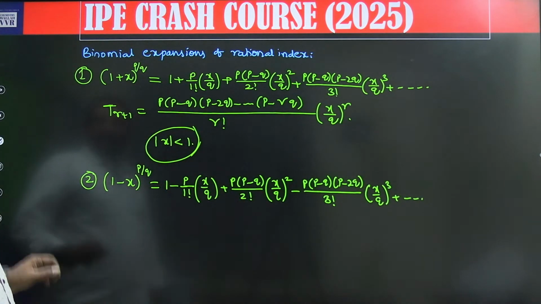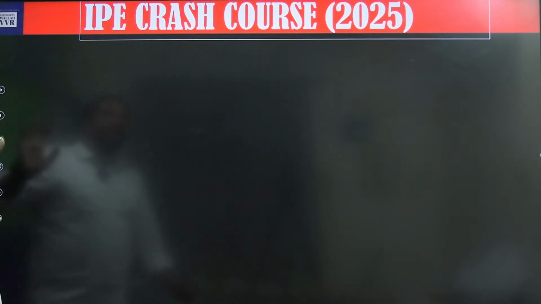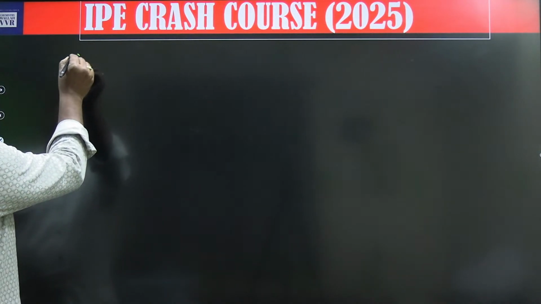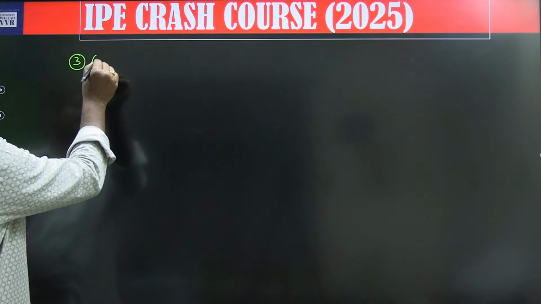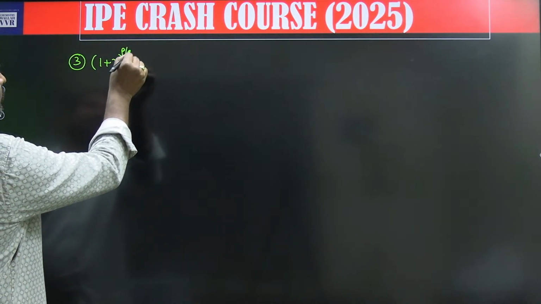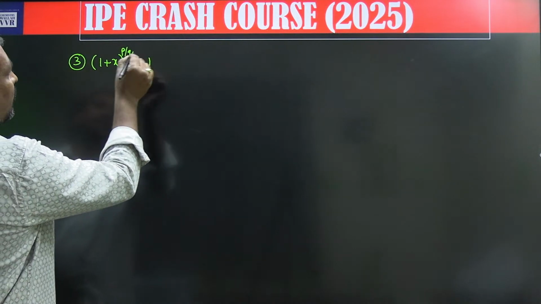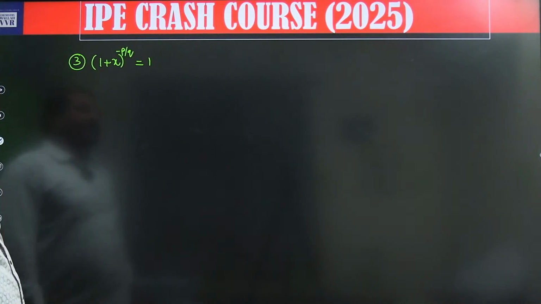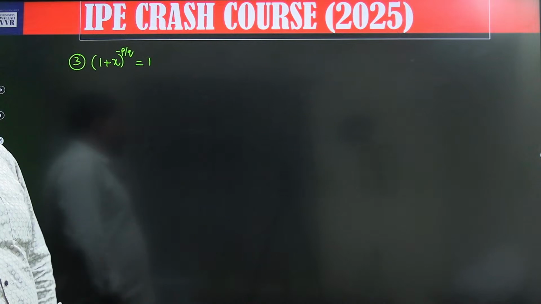Now the third formula: (1 + x) whole to the power of minus p by q.